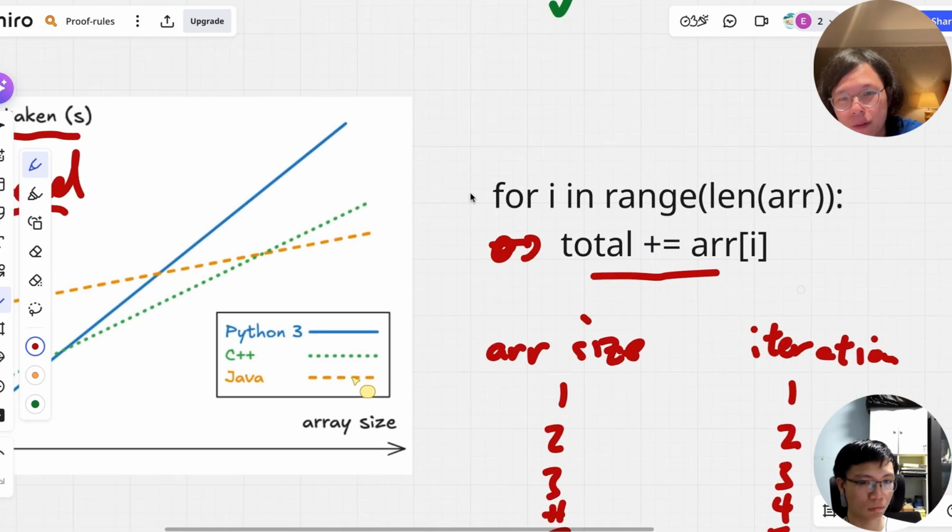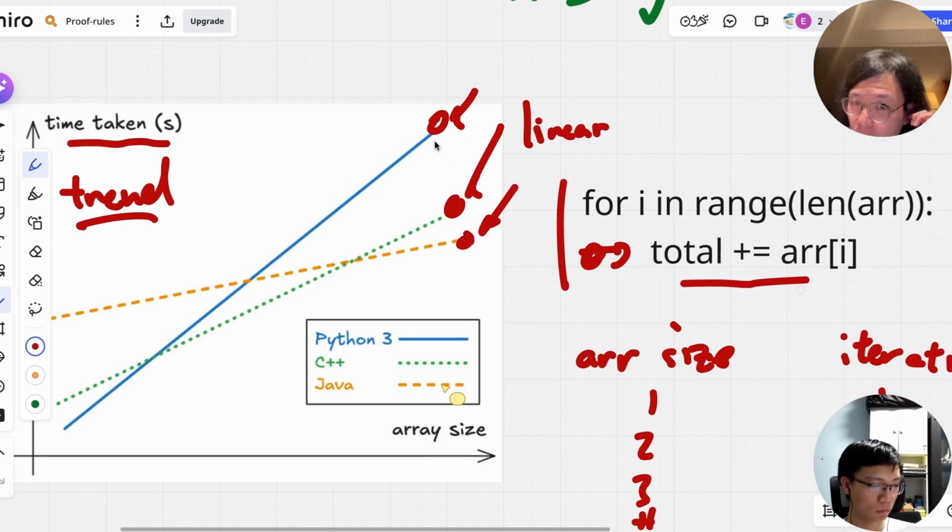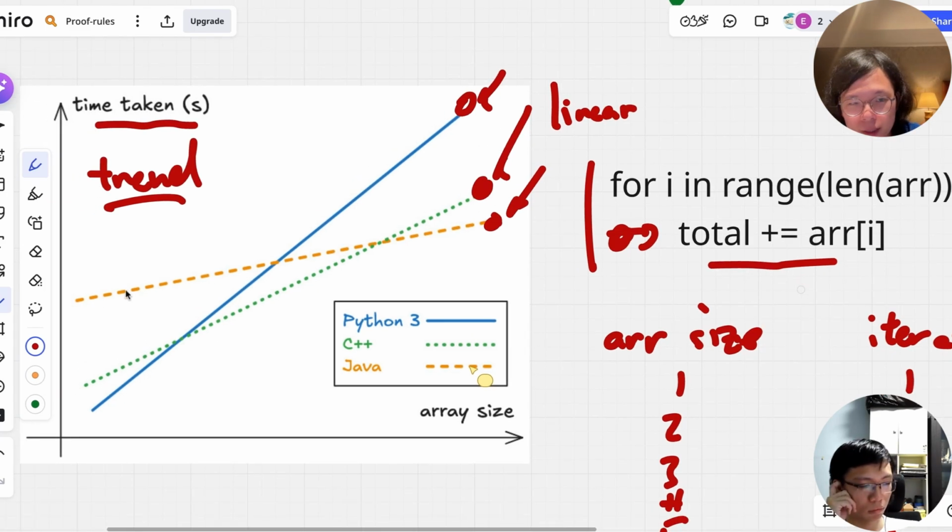In this example, for this code, we want to say that all of these are linear. In other words, they're linearly related, or proportional to the array size, right? It's not really a curve, it's a line, but we don't know what the exact curve is. But we know it's proportional to the array size.